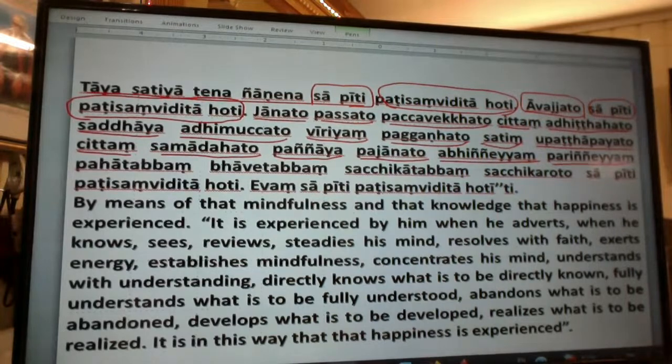Parinnaya. There are two kinds of Parinnaya; we say Nata Parinnaya and Tirana Parinnaya. Anyway, Parinnaya is completely understanding dukkha, the satya.